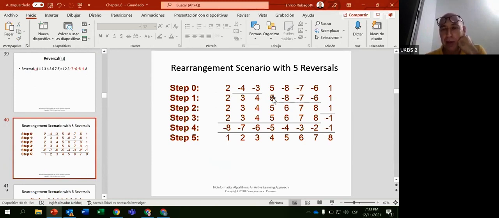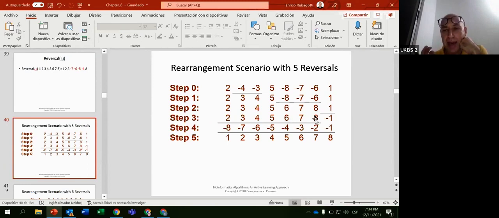And I notice that 5 is very similar to minus 6. So it's 5, 6, 7, 8. And 1. Now these look nearly ordered. I apply a reversal to 1 and it became minus 1. And at the end, I can see that I have 2, 3, 4, 5, 6, 7, 8.